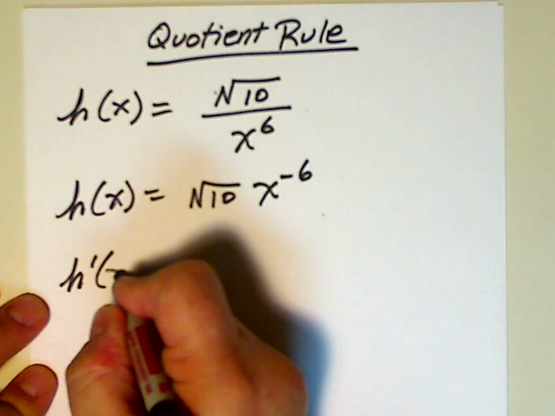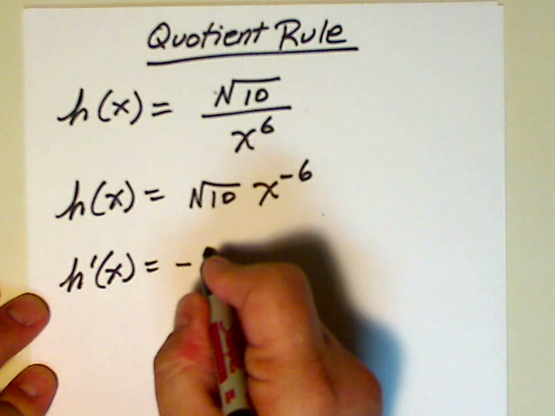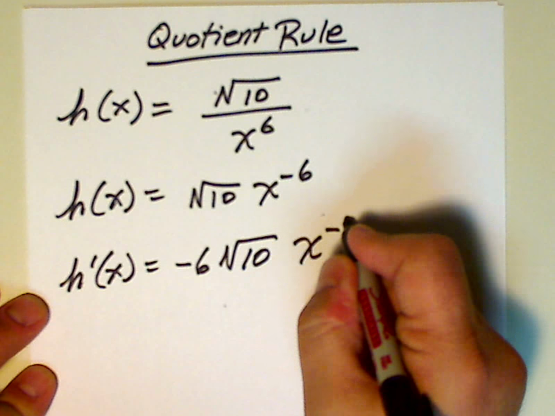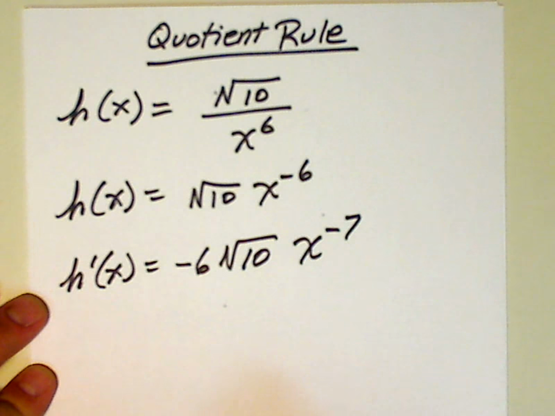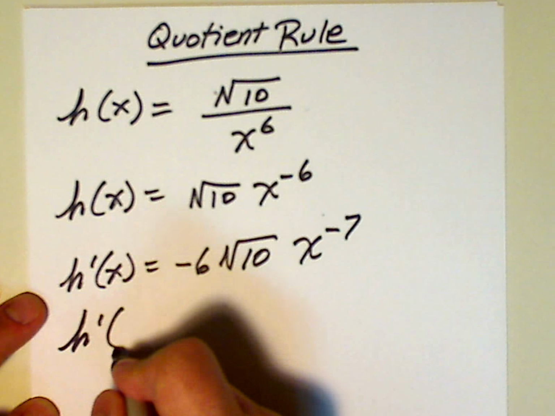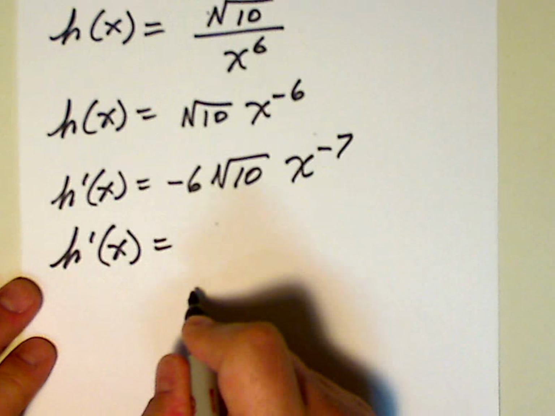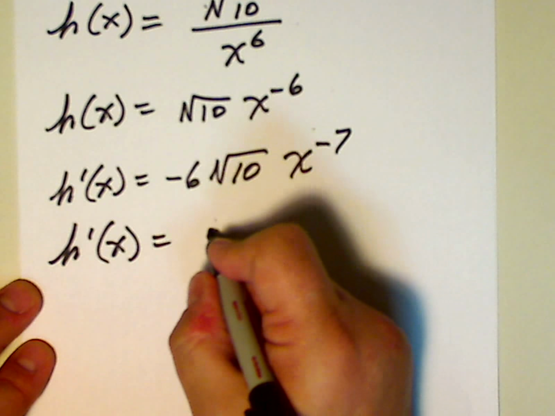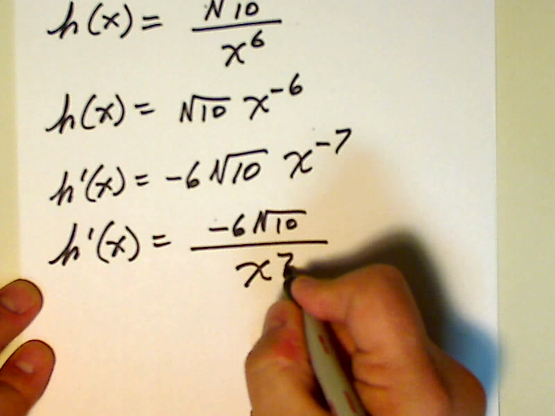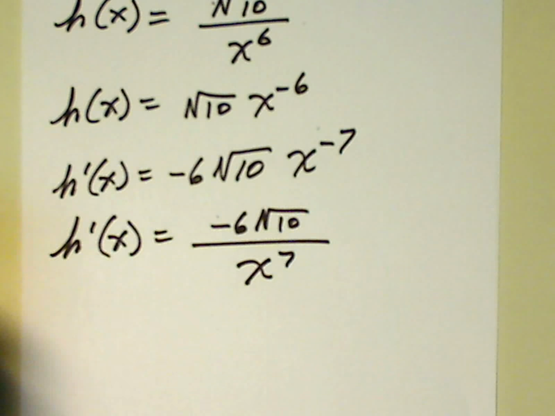H prime x, the derivative, is equal to negative 6 times the square root of 10 times x to the negative 7. Now we can kick this back down into the denominator. We have in the numerator negative 6 times the square root of 10, over x to the 7th. And there you have it. It's a simple little problem.